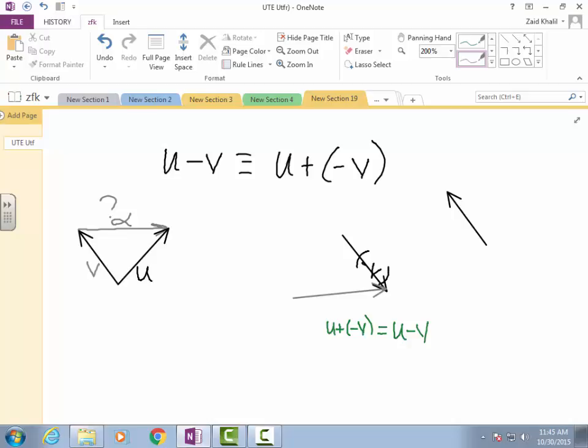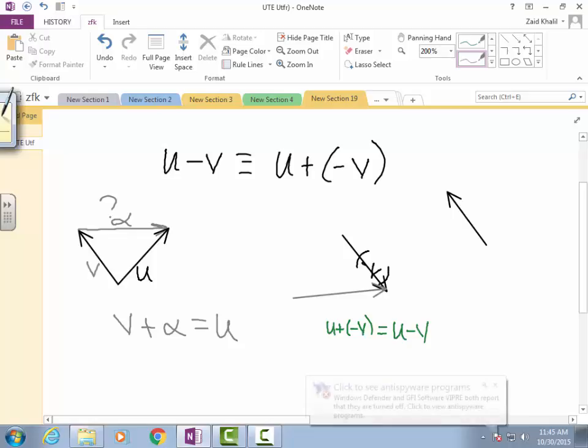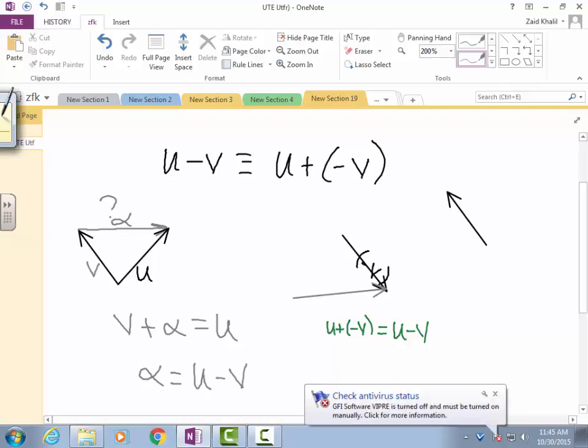V and alpha. So in other words, V plus alpha generates U. Notice because U extends from the tail of the first vector to the head of the second vector. So therefore, alpha equals U plus negative V, or U minus V.